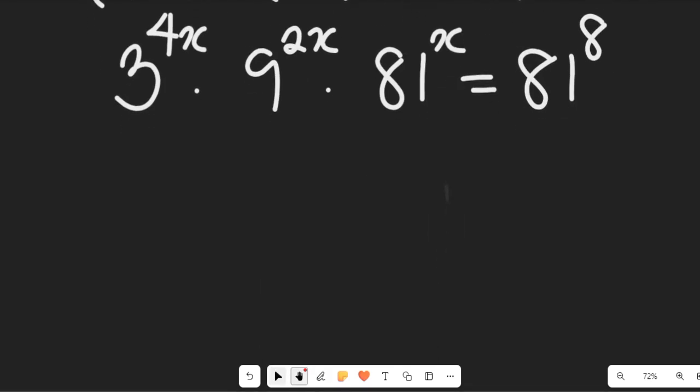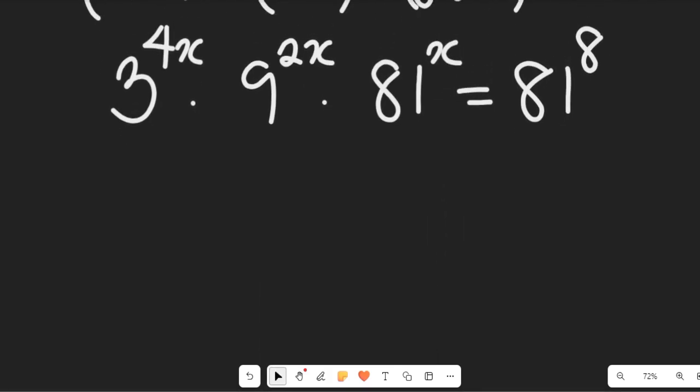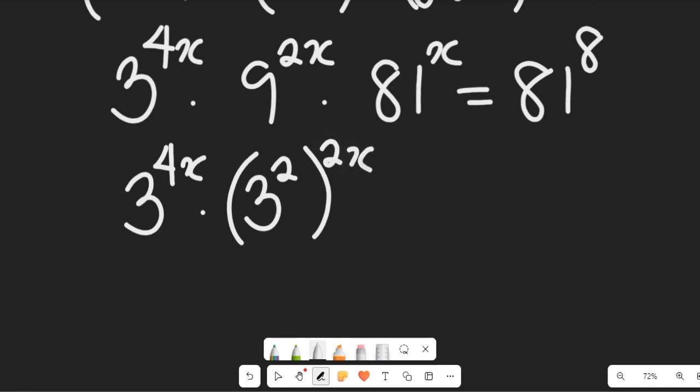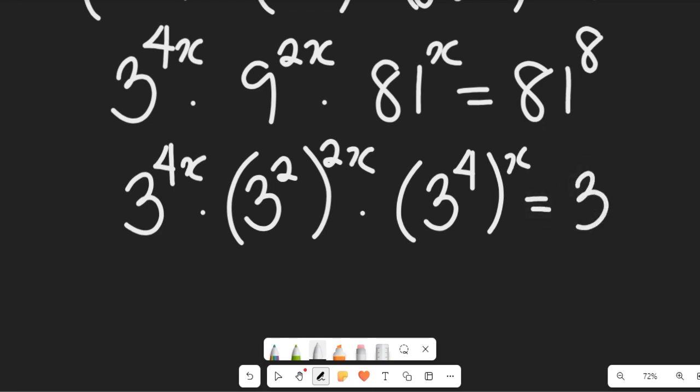Now, having gotten all this, you can see that we can simplify by making all have one common base. This is going to give us 3 to the power of 4x multiplied by 3 to the power of 2, all to the power of 2x, multiplied by 3 to the power of 4, all to the power of x, and this will be equal to 3 to the power of 4, all to the power of 8.